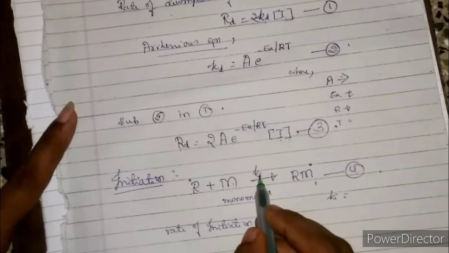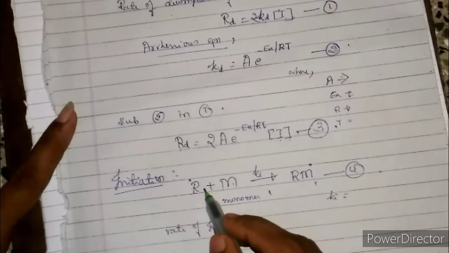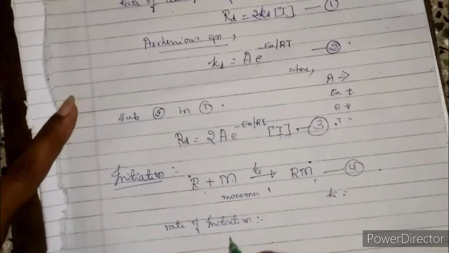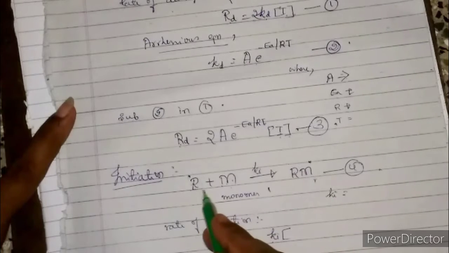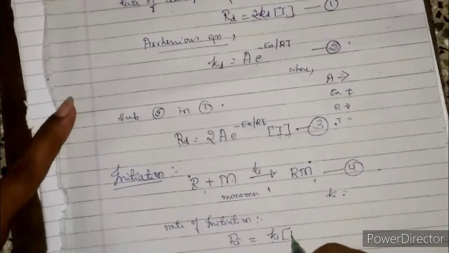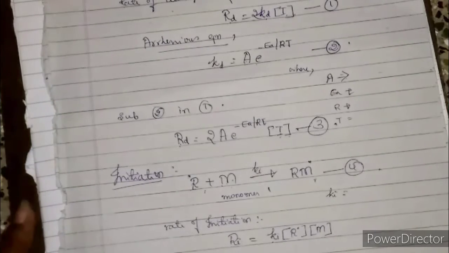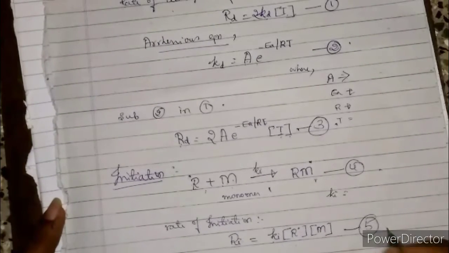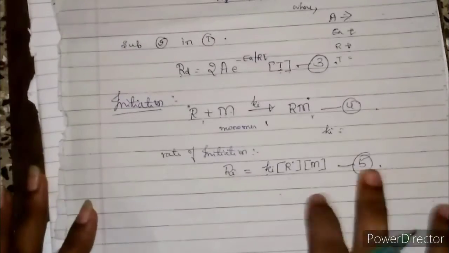It is rate constant multiplied by concentration of reactant. Now Ri, representing rate of initiation, is given by Ki, rate constant, multiplied by what? It is the concentration of reactant. So here you have 2 reactants, so you get this. Okay, name it as equation number 5.